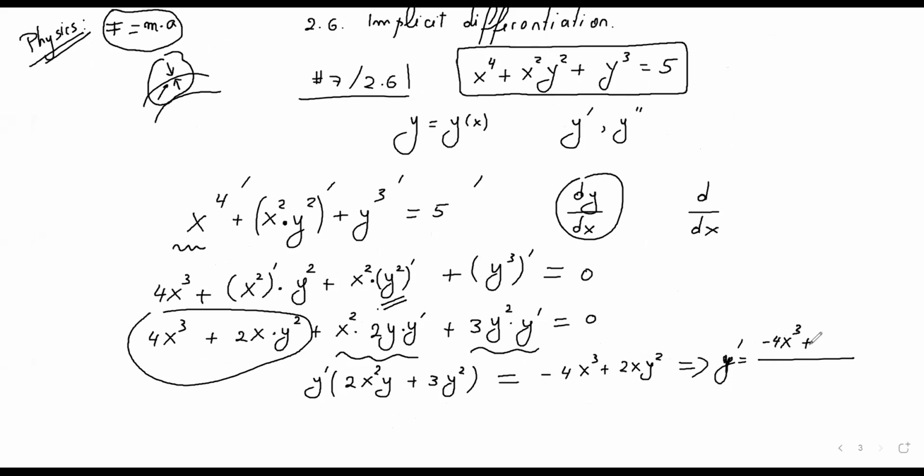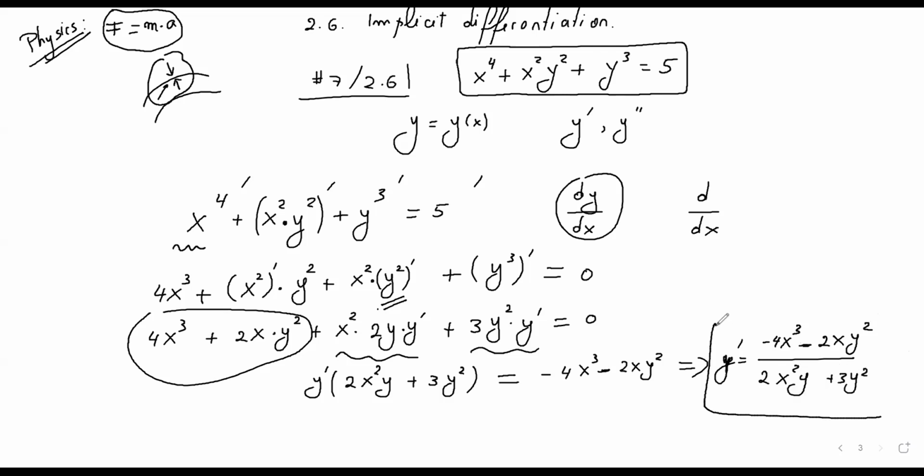I'm sorry, I made a mistake here. I forgot when I move things, they should have been minus here. So minus 2xy squared. I made a silly mistake here, but important. So make sure that you're careful. Minus 2xy squared, all divided by 2x squared y plus 3y squared.